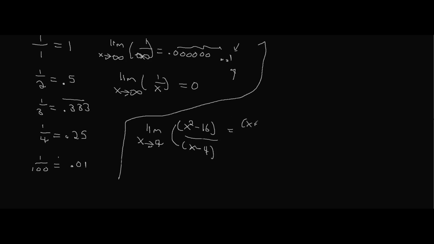This is just a difference of squares, so it'd be x plus 4 times x minus 4, and the bottom would be x minus 4. Then we can cancel out x minus 4 from the top and the bottom, and then we just plug in 4 for x. So we just have 4 plus 4, which equals 8. And so we would say the limit as x approaches 4 of the given function equals 8. But the calculus part is easy, because it's just a limit.